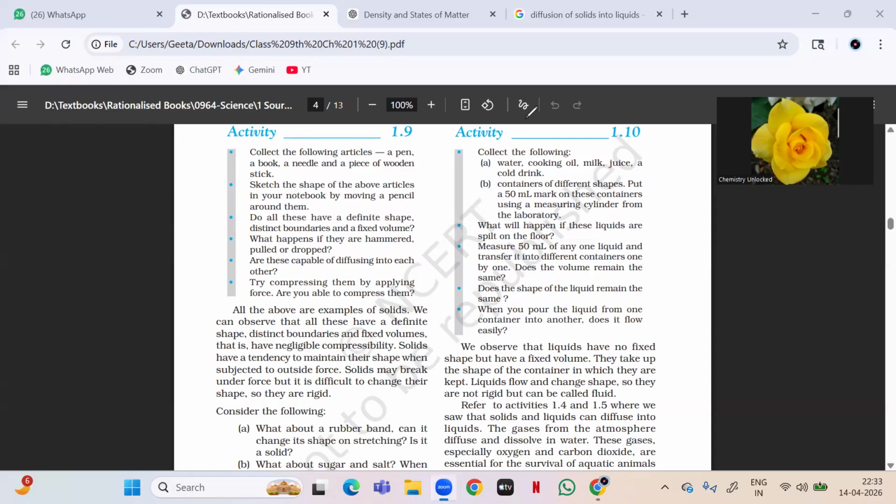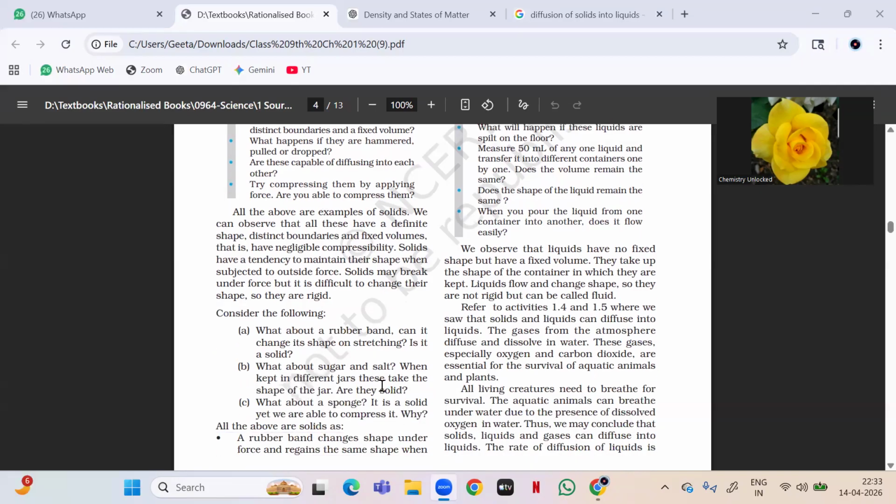Now let's see what other modification has been done. What about a rubber band? They have taken different types of solids, like a rubber band, sugar, salt, and a sponge. All these are solids, but they have different properties. Like a rubber band can be stretched and it can change its shape.